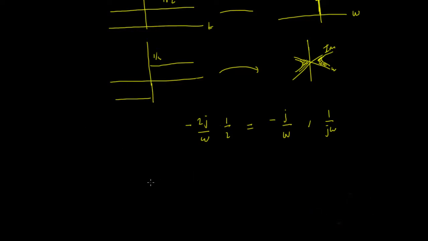So we can then say that our Fourier transform of u of t is going to equal pi delta omega plus 1 upon j omega. That there is our Fourier transform.